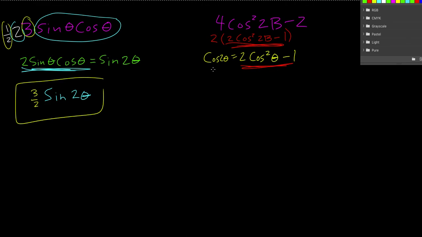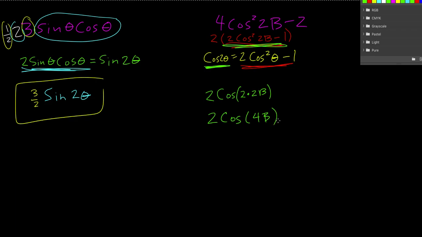So what we're going to do is we're just going to write this, but instead of theta, we're going to write 2b. Okay, so all of this. So we get cosine of 2 times 2b. All that's in there. Then we still have that 2 on the outside. All right, so that's 2 cosine 4b. And that is the end.